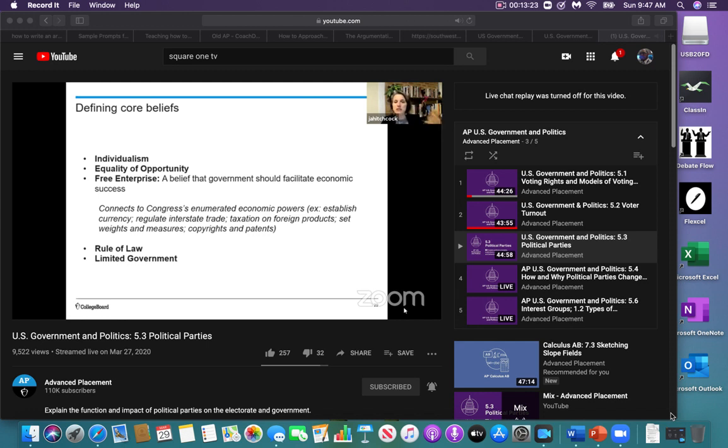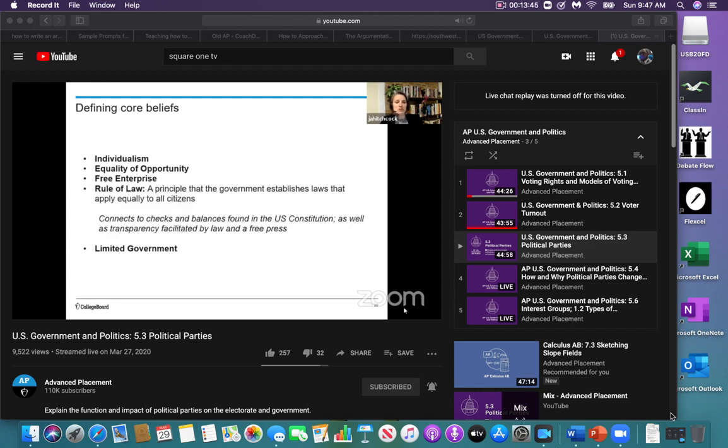Numbered is an inherently limiting function, which means that it has a beginning and an end, right? So those enumerated economic powers are going to be found in Article 1, Section 8. Things like establishing currency, regulating trade, that's interstate, taxation on foreign products, setting weights and measures, and copyrights and patents. Those are all things that are there to facilitate commerce.